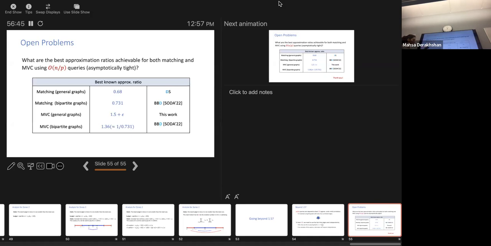For matching in general graphs, this is under submission, this is 0.68. But it also works for weighted graphs. And for minimum vertex cover, these are the known results, and it's really interesting to see whether they can be improved up to 1 plus epsilon and 1 plus epsilon.